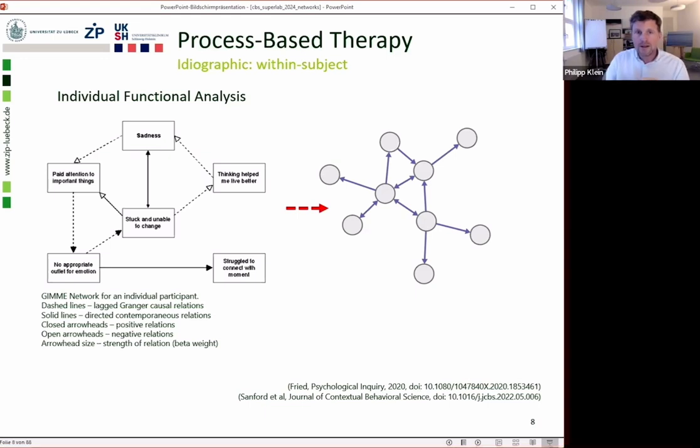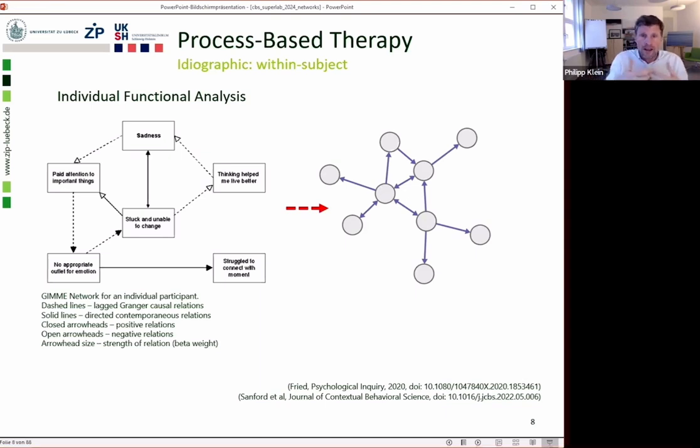Now, this view is one important basis for process-based therapy developed by Stefan Hoffmann and Steve Hayes. And the idea that is very familiar to us in the ACT community is we are not taking a protocol for syndrome approach here, but rather an individualized approach, individual case conceptualization for every single patient.